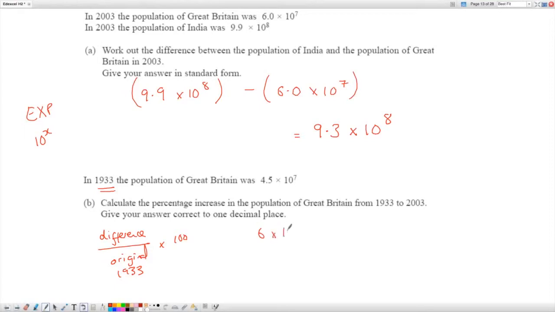We've got 6 times 10 to the 7, subtract 4.5 times 10 to the 7, divided by the original amount, 4.5 times 10 to the 7, times by 100. This will come out as a percentage, 33.3%. So on the top, the numerator, we have the difference, divided by the original back in 1933, times by 100 to get the percentage.